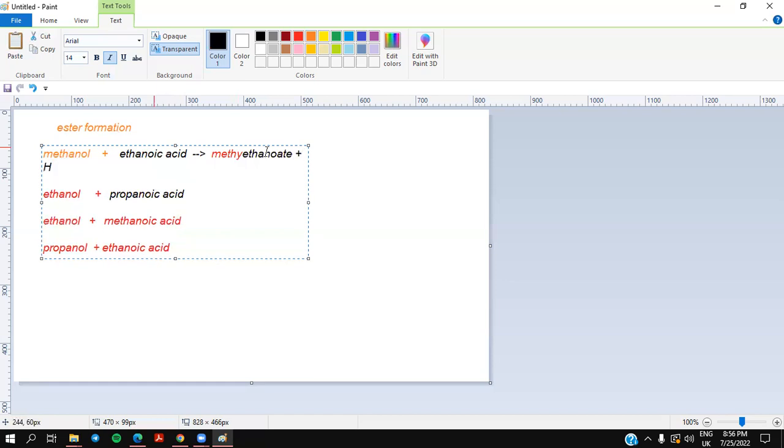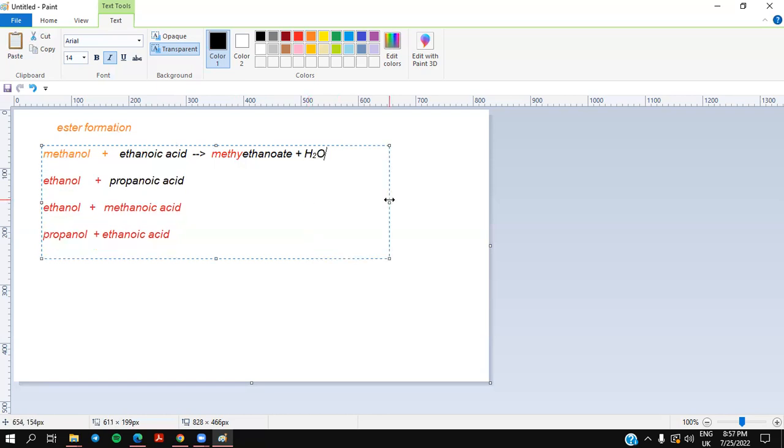And there's a water molecule also going out when the two molecules join together. Because a water molecule goes out giving a bigger molecule, we call this a condensation reaction. And afterwards, I'll go to the next one. Again, from the alcohol, ethanol, we take the ethyl part.